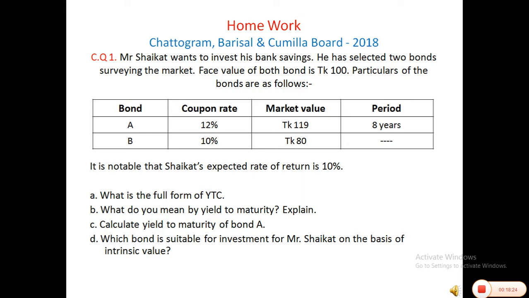First question, what is the full form of YTC? B. What do you mean by yield to maturity? Explain. C. Calculate yield to maturity of bond A. D. Which bond is suitable for investment for Mr. Shoykot on the basis of intrinsic value?